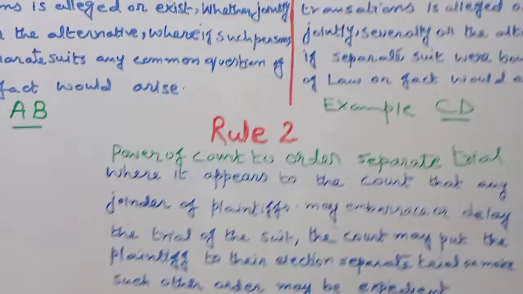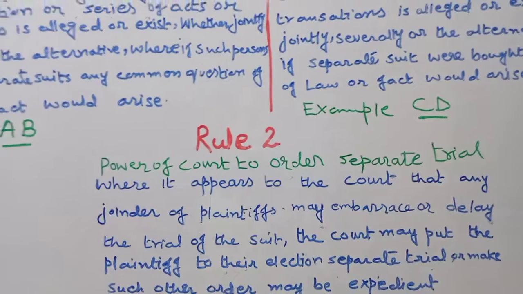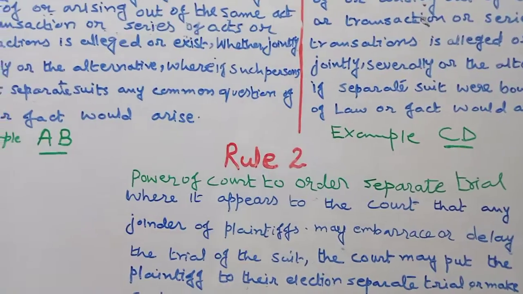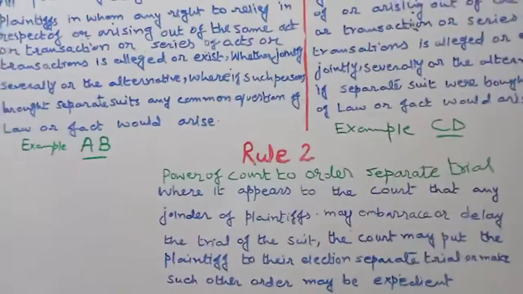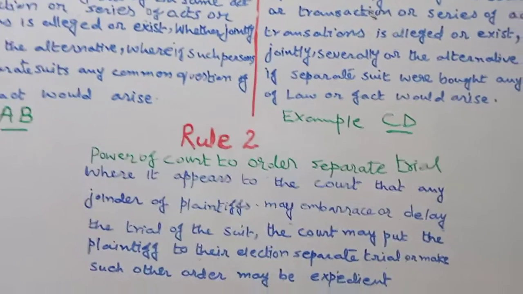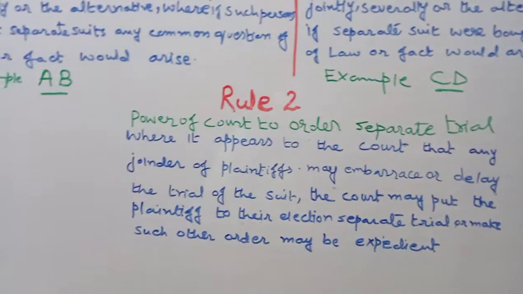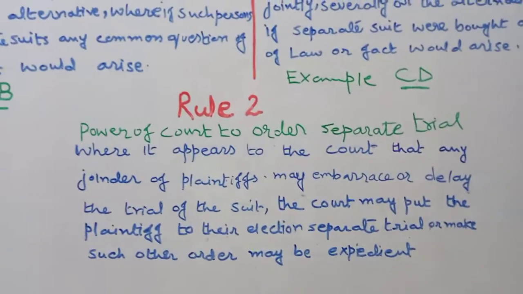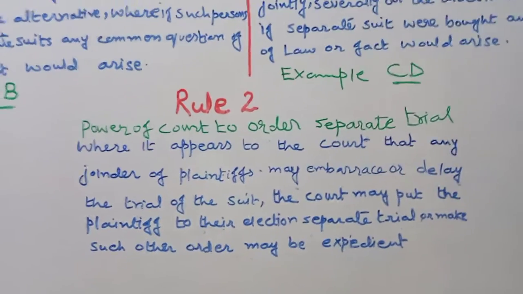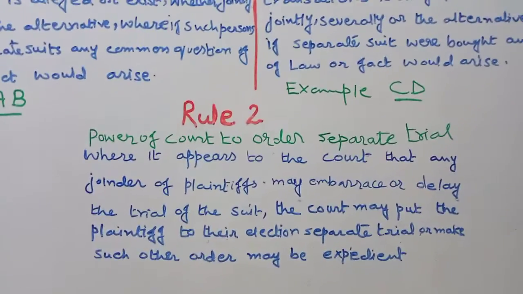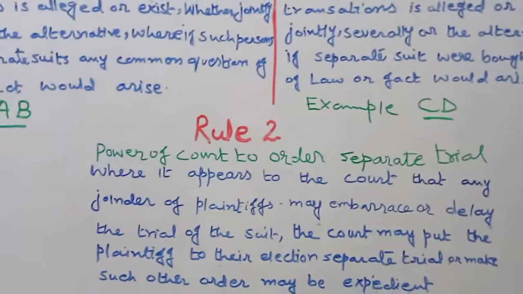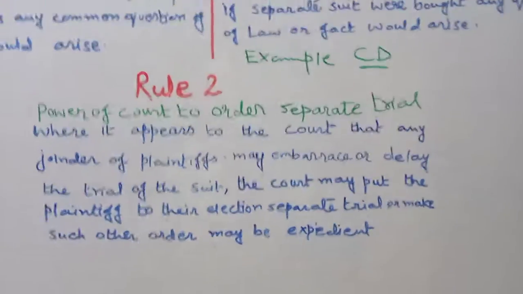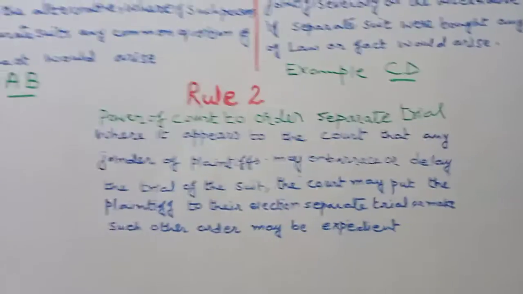So it is saying that in many cases there are not only two plaintiffs, in many cases there are 60 plaintiffs. Among 60 plaintiffs, 2 or 3 plaintiffs are wasting the time of the court, so the court may pass an order for separate trial. In many cases I saw in court that there are 60, 80 plaintiffs in one case. So the court may pass an order because if 80 plaintiffs are coming into the courtroom, where is the place?